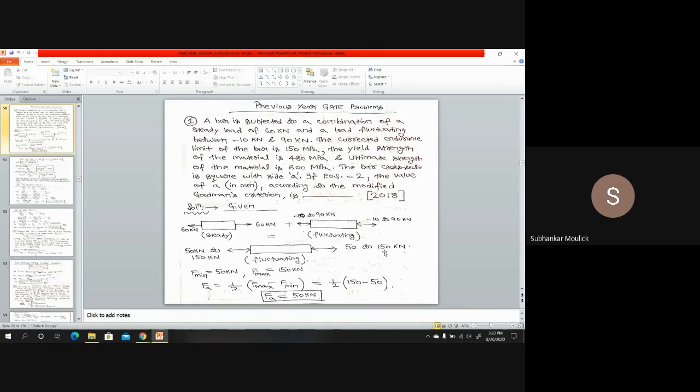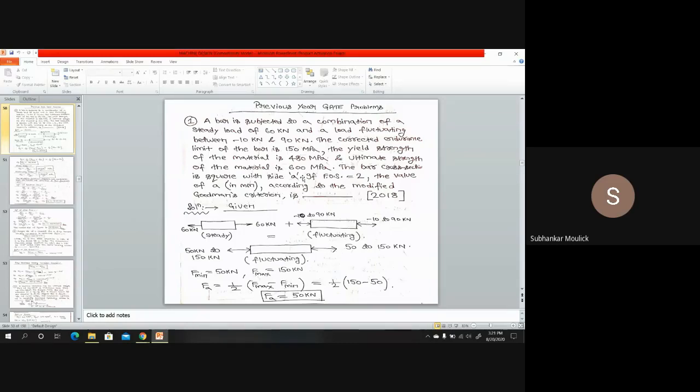Fine. Corrected endurance limit of the bar is 150 megapascal. What is this value given? Corrected endurance limit of the bar means which value is given to me? Hello.